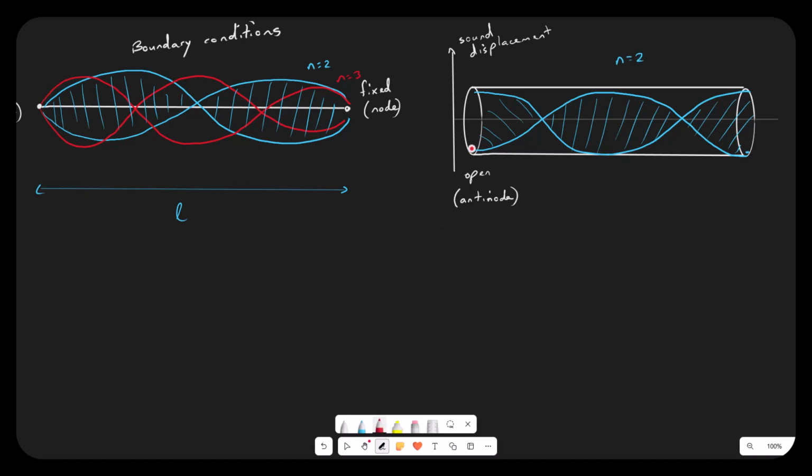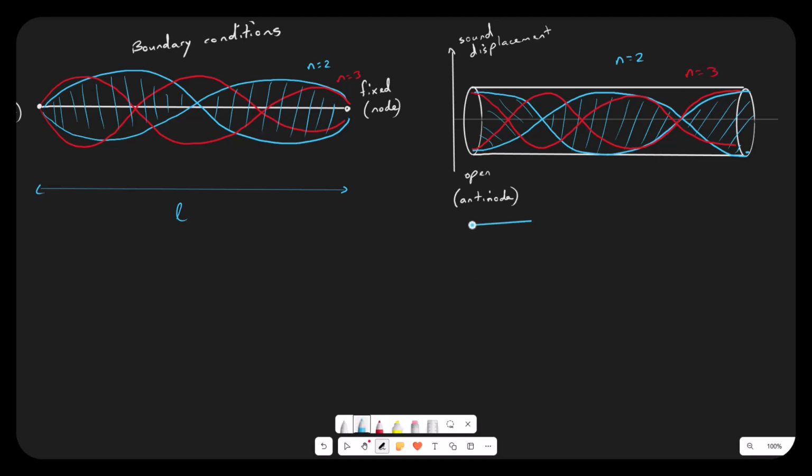I could also go from antinode to antinode to antinode and back up. Now I've got 1, 2, a half, so that is my n equals 3.